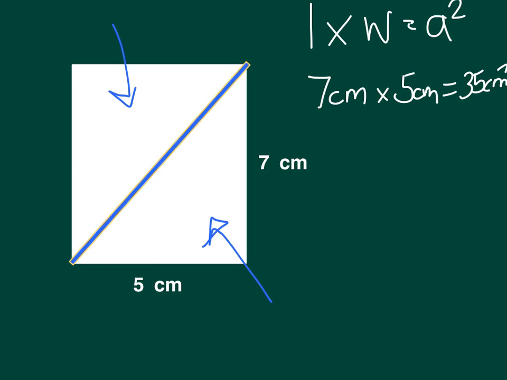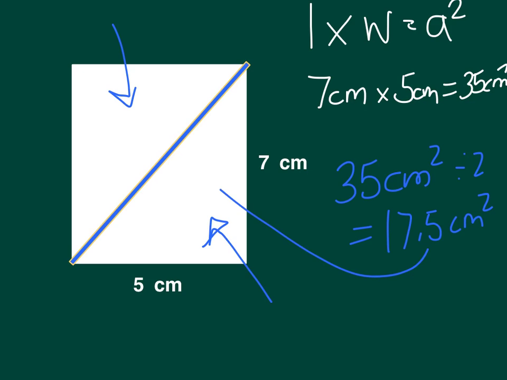Which means that if I wanted to find the area of these triangles, all I would have to do is take my original area, which was 35 square centimeters, and divide it by 2. So my area for this particular shape would be 17.5 centimeters squared for each of these triangles.